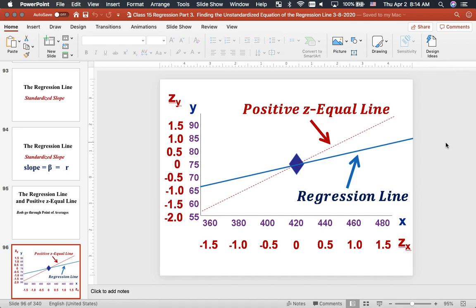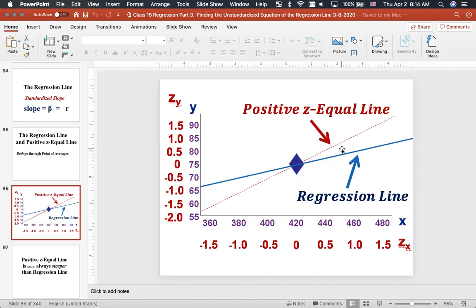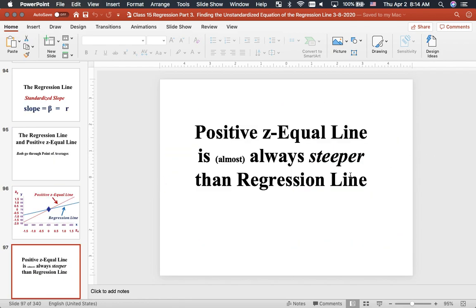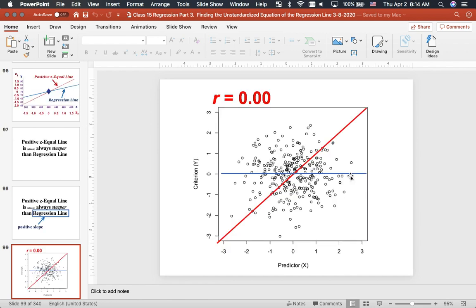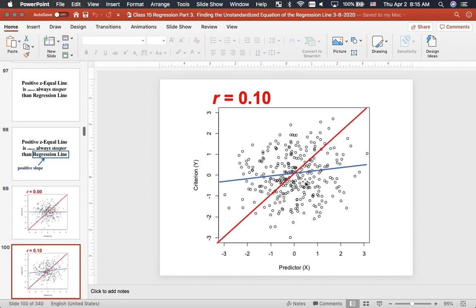And notice that the slope of the positive z equals line is almost always steeper than a regression line. There's only one case where they're actually the same. And this is with positive slopes, of course. So if we look right here, let's look at the correlation coefficient. We have a correlation coefficient between x and y at 0. You can see that we have these two lines.